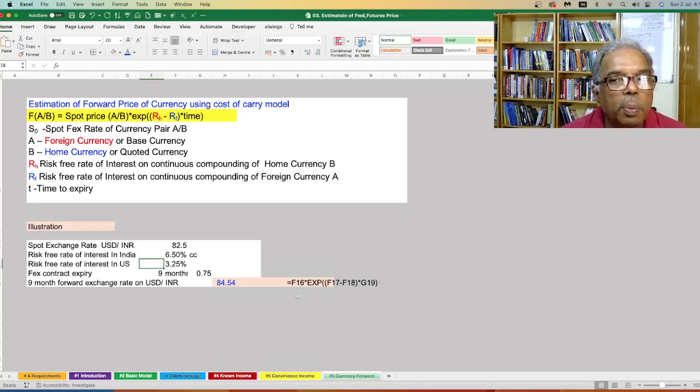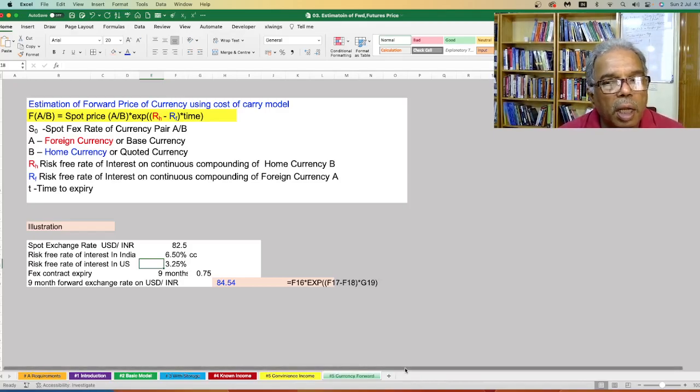The formula is spot price into exponential the risk-free rate of the home currency minus the risk-free rate of the foreign currency, into time. The current spot FX rate can be obtained, where A represents the foreign or base currency, B represents the home or quoted currency, RH represents the risk-free rate on a continuous compounding basis on the home currency, and RF represents the risk-free rate of interest on the foreign currency. T is the time to expiry.